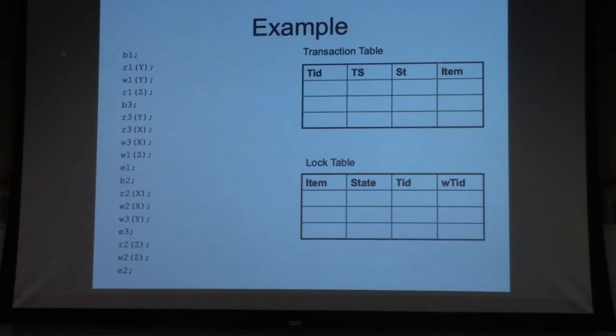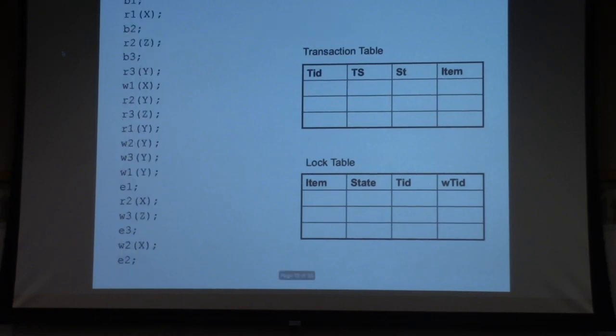And at the same time, the log manager uses the transaction table that we discussed last time, which includes the transaction ID, timestamp and state. So whether commit, blocked, aborted, begin, like that. And any item, the database object, that is used by the transaction. So we are going to make the two tables. We will see it step by step.